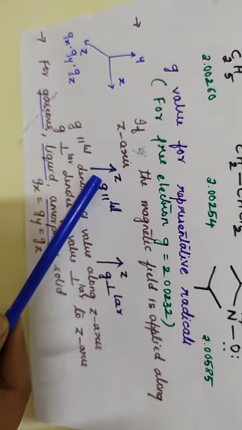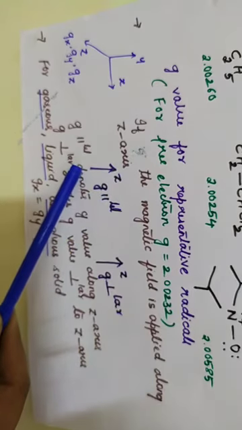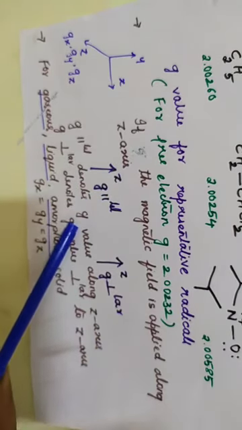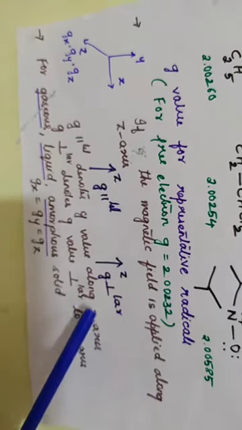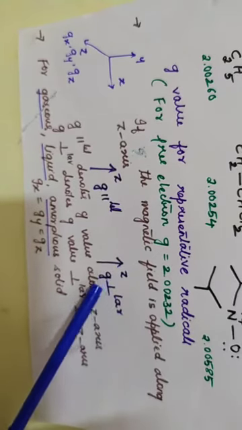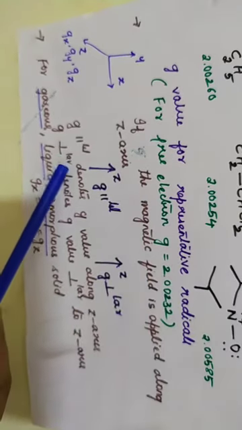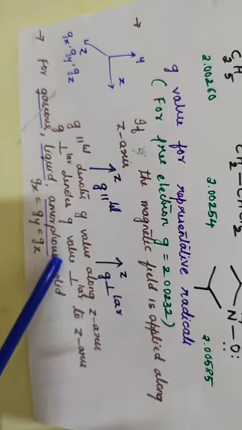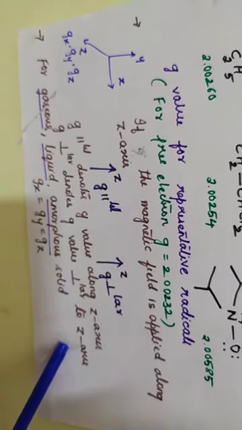So I'll repeat, if the magnetic field is applied along the z-axis, then G is parallel, denoting the G value is along the z-axis. If the applied magnetic field is perpendicular to the z-axis, then G is perpendicular, denoting the G value is perpendicular to the z-axis.